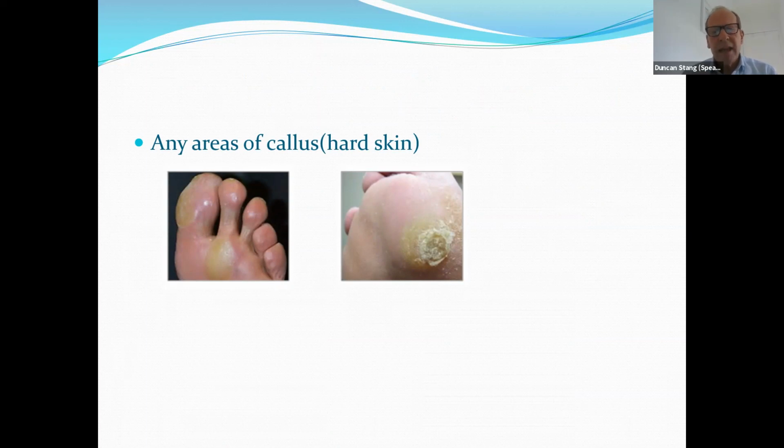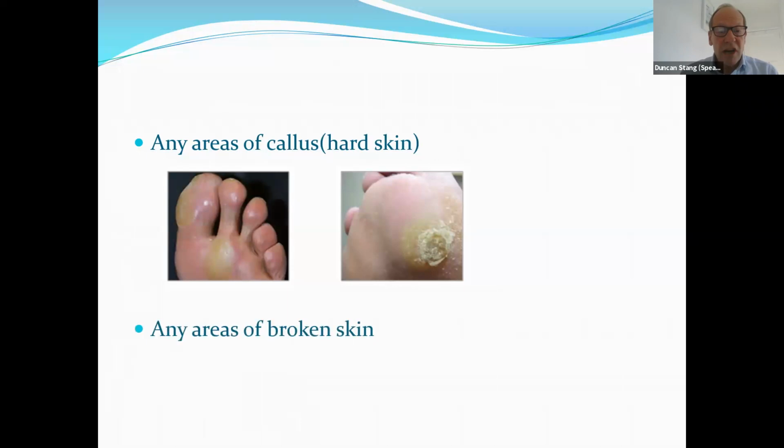Now, the reason that that is a problem is hard skin can cause pressure on the underlying tissues, which could result in a breakdown of those tissues. And usually areas of hard skin are associated with areas of high pressure. And that is a warning sign for you as a person with diabetes, but also for the person who is carrying out your foot screening.